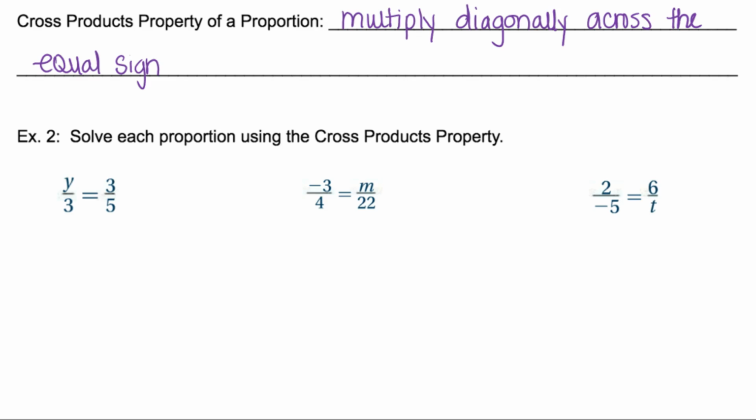So if we look at that first one, y over 3 equals 3 over 5. So again, we're going to end up multiplying diagonally. So the y is going to multiply times the 5. The 3 is going to multiply times the 3. So 5 times y equals 3 times 3.